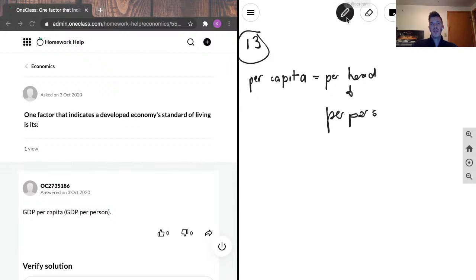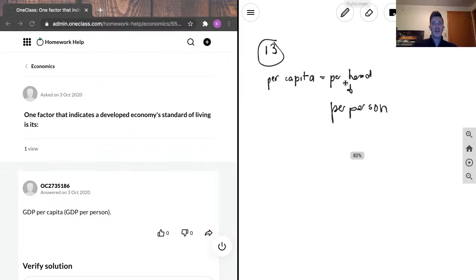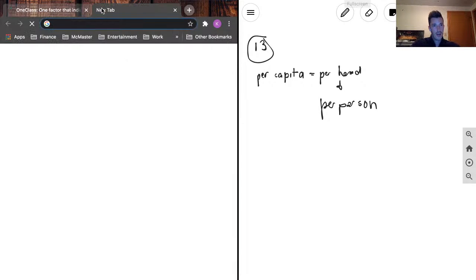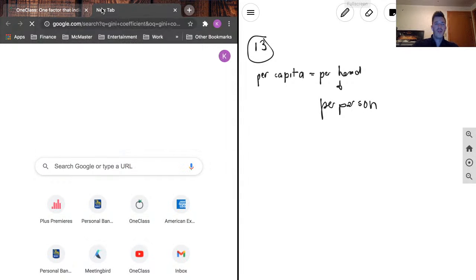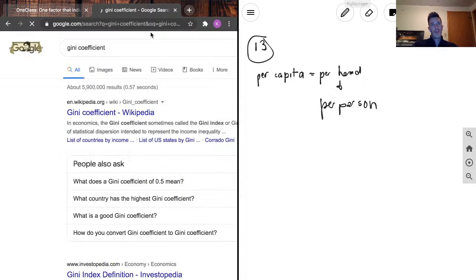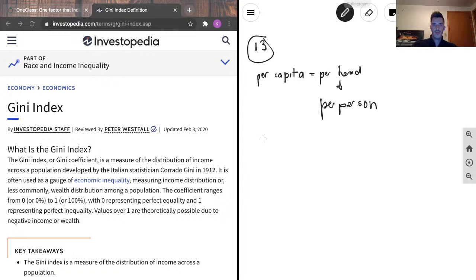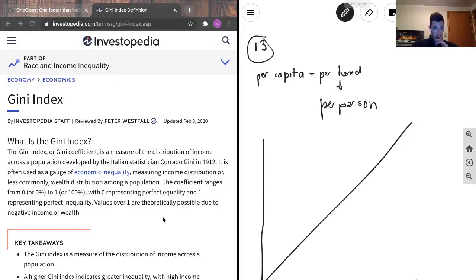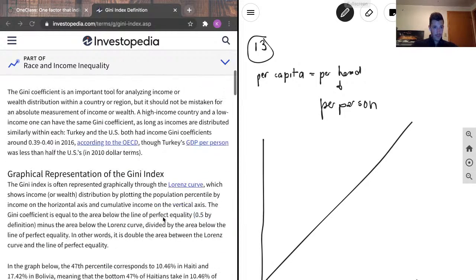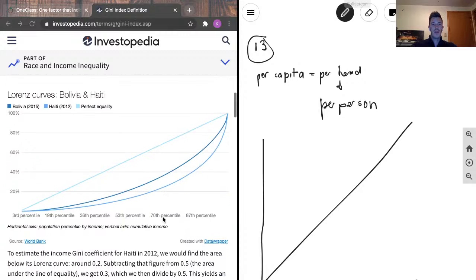And GDP is the gold standard of an economy's well-being or a country's well-being. Although it is imperfect, there are other ways to measure this. One of them, if I remember correctly, being the Gini coefficient. And the Gini coefficient or Gini index, if I remember correctly, and I might be breaking this, by the way, is a 45-degree line upwards, where if it's 45 degrees, you've got perfect equality.